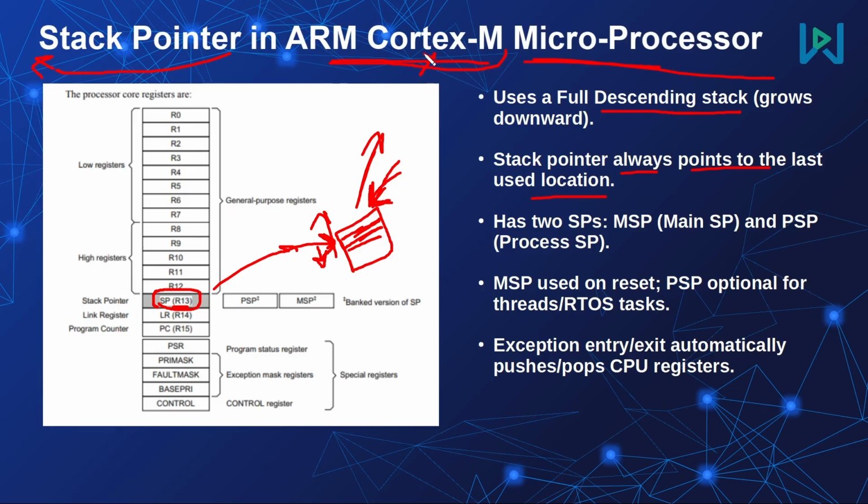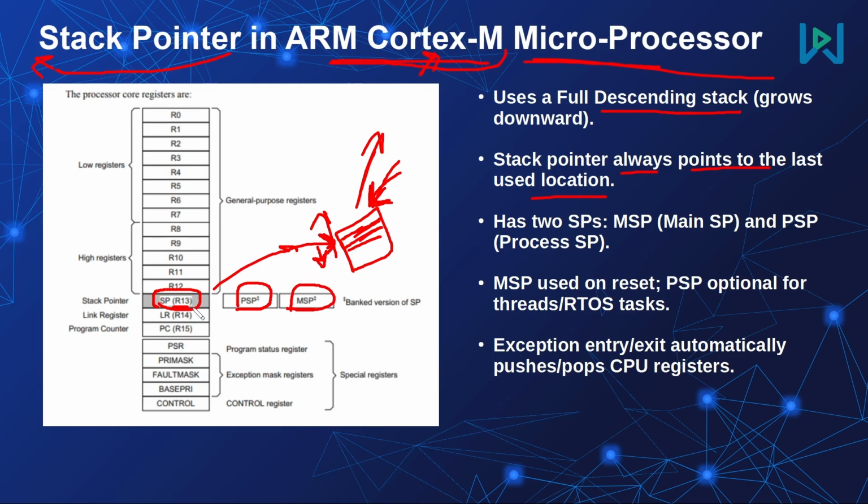In a Cortex-M microprocessor, we have the support of two stack pointers. Those two stack pointers are banked, meaning we will not use both at the same time. So either we'll use this or this.